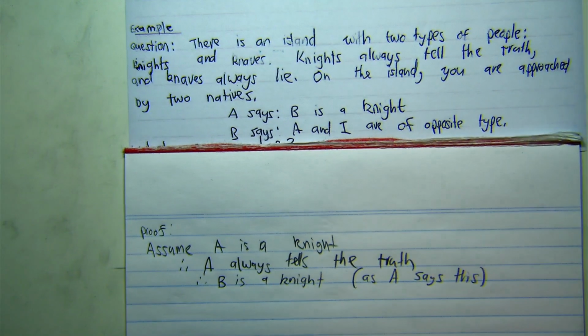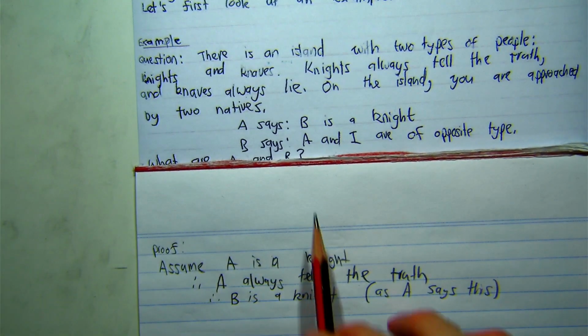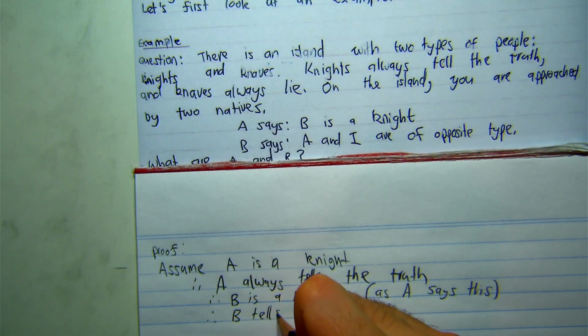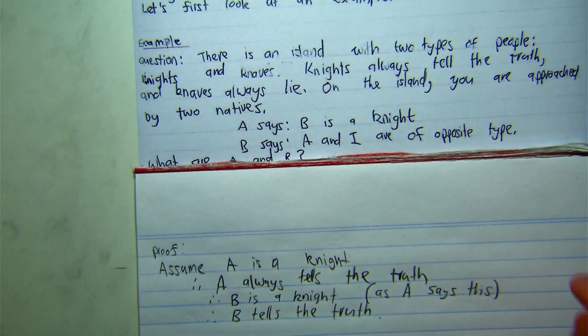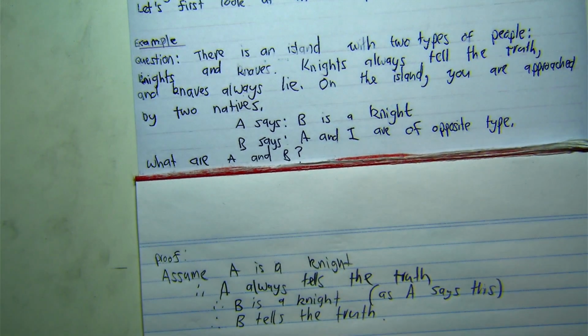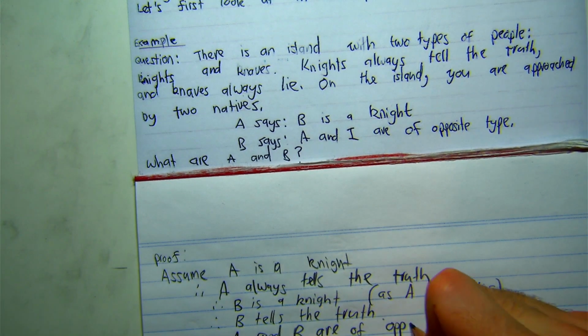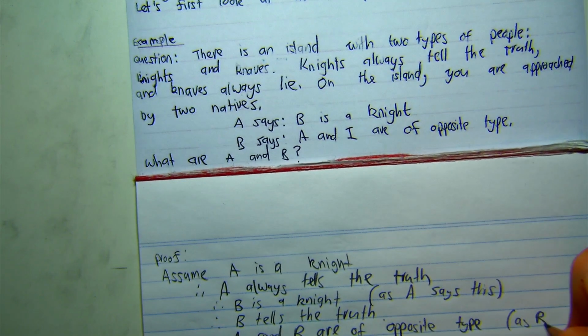And from our line above, it's true, right? And if B's a knight, therefore B tells the truth. So therefore, this statement is true. So A and B are of opposite type. Therefore, A and B are of opposite type, as B says this.